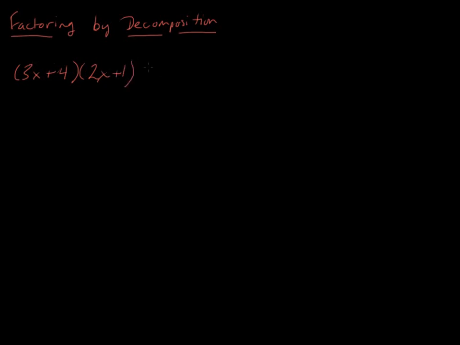If we multiply our 3x, we're just going to go ahead and expand this. Our 3x times our 2x gets us our 6x squared. Our 3x times our 1 gets us 3x. Our 4 times our 2x gets us 8x. And then our 4 times our 1 gets us positive 4.